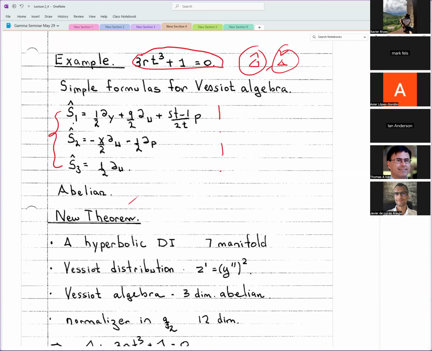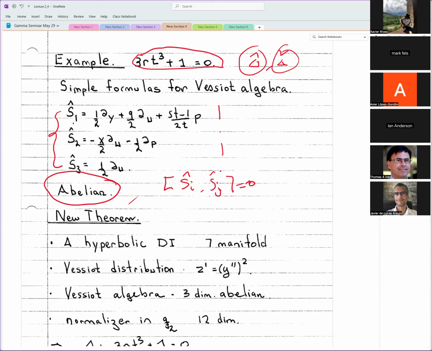It's just partial u, partial x, and partial y with some other stuff added in. If you calculate the commutators of these, it's 0. So the Vessiot algebra for 3RT cubed is a three-dimensional abelian algebra.